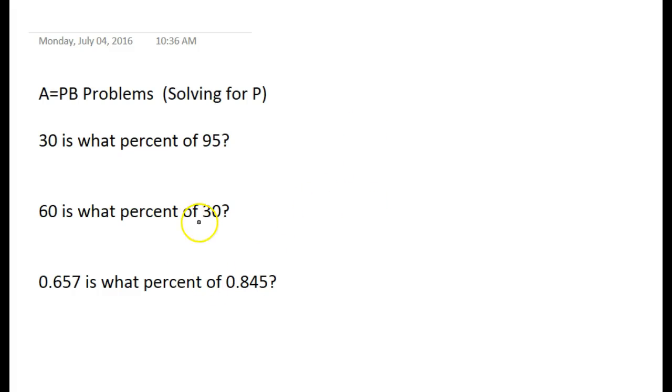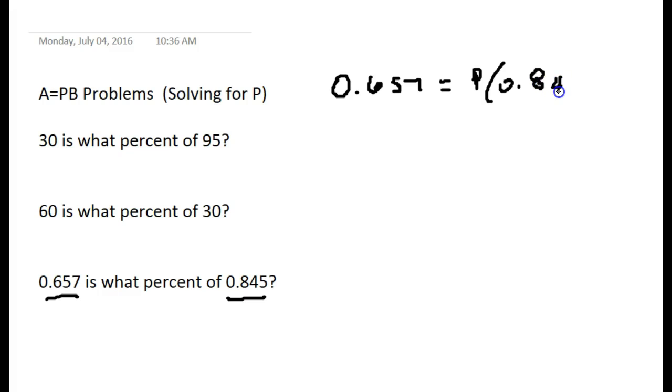Okay, on this last one, it says 0.657 is what percent of 0.845? All right, let's set it up. 0.657 is, that's my equal sign, what percent? So P of 0.845.